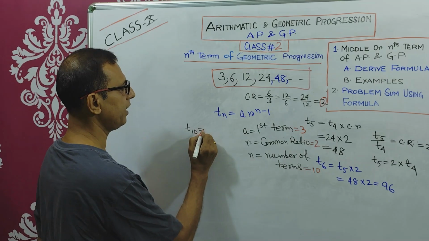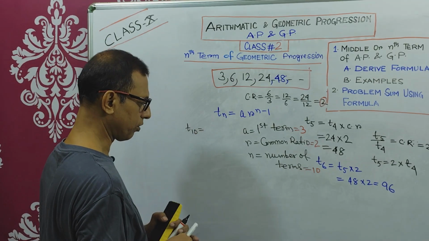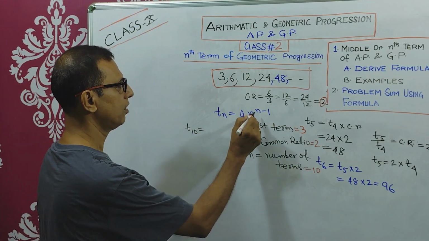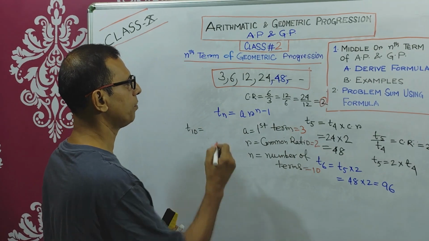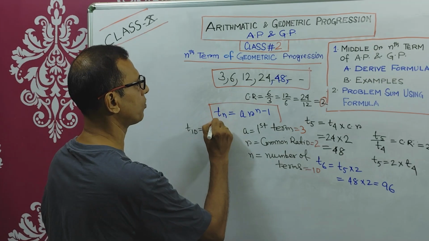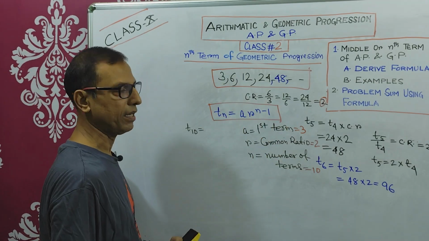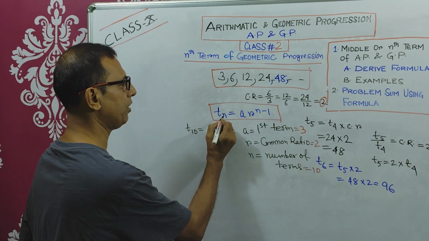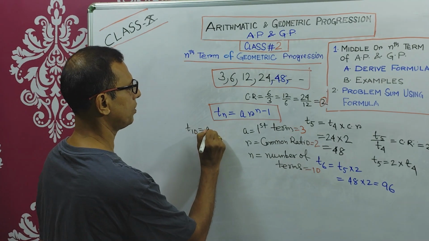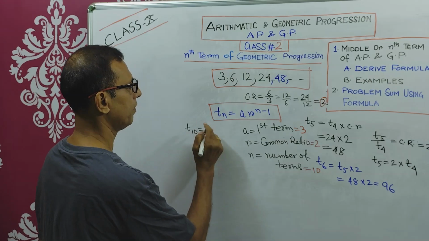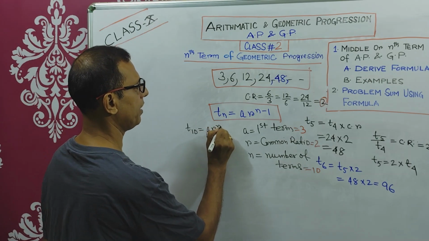Now, how will you write T10? Just use the formula. Tn equals a r to the power n minus 1. This is the formula to find the nth term of a GP. Right? So n equals 10. Therefore, T10 equals a r to the power n minus 1.